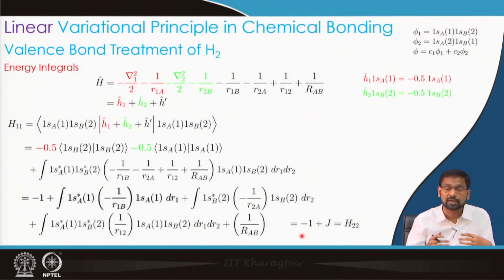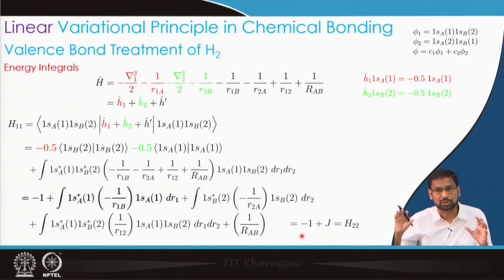So, this Coulomb integral is a function of R. It is possible to get an idea of the exact functional form based on the wave function that we are getting, but we will not bother about that. We will simply say that as capital R, the internuclear distance, increases, the Coulomb interaction keeps changing. Okay. So, this is about H11 or even H22.